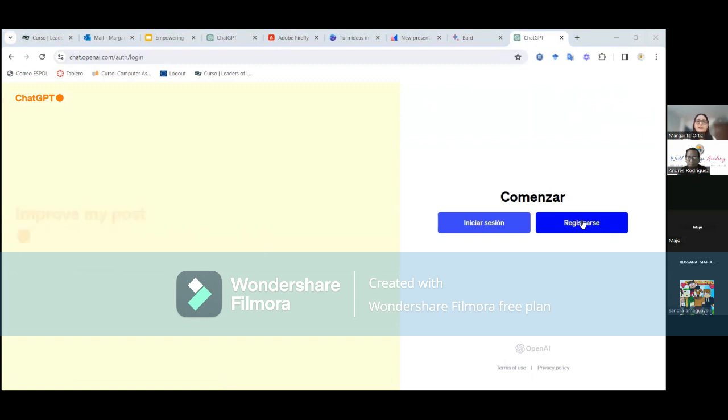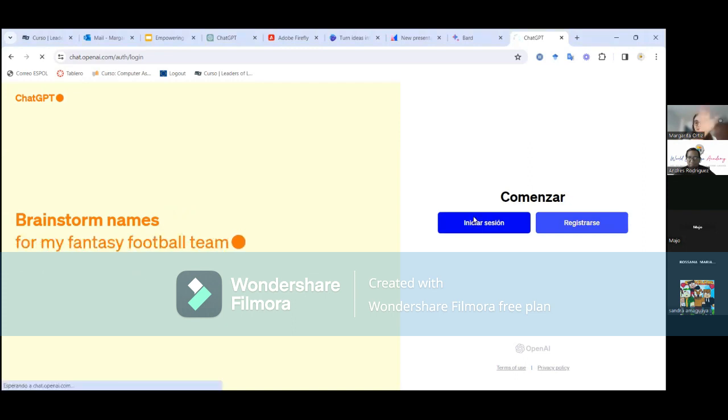It's going to ask for your telephone number and you have to validate it. God knows what they're doing with our personal information, but yes, we have to provide our cell phone number, and that's it. Once you register, you have access to it, and you can start typing information. It's pretty simple, and it's saved. Everything that you write is going to be there.